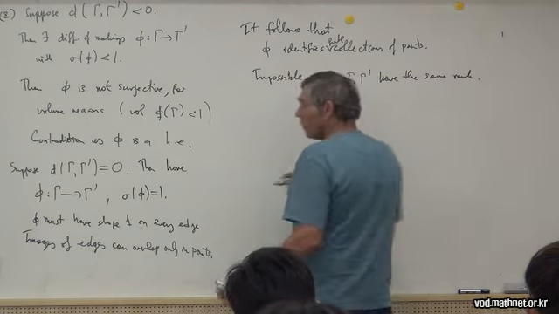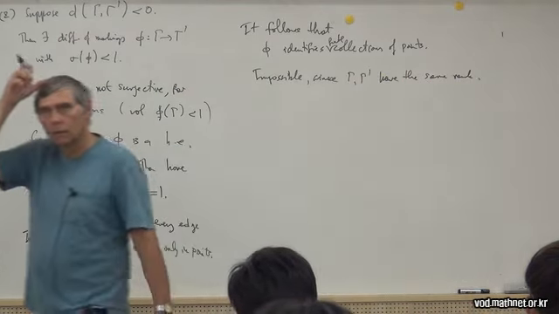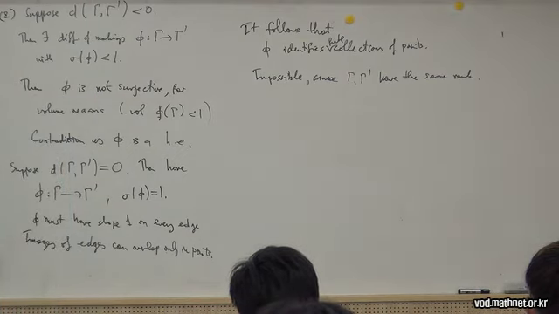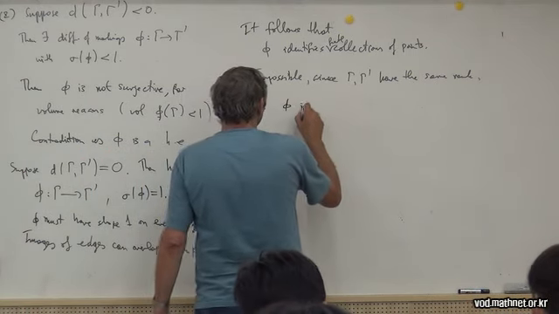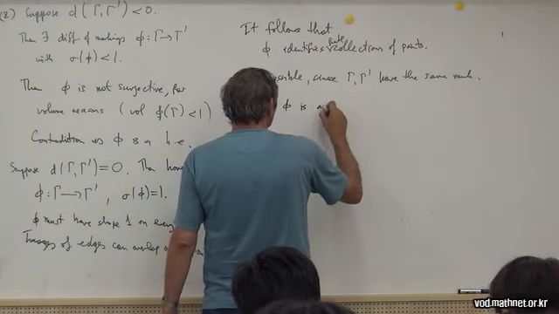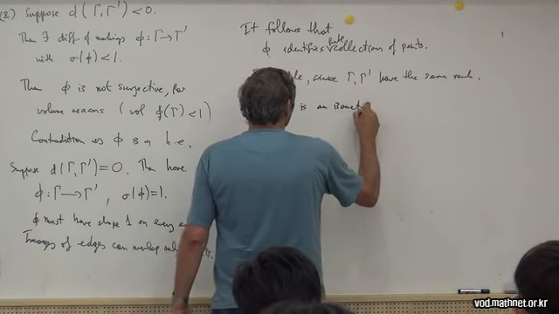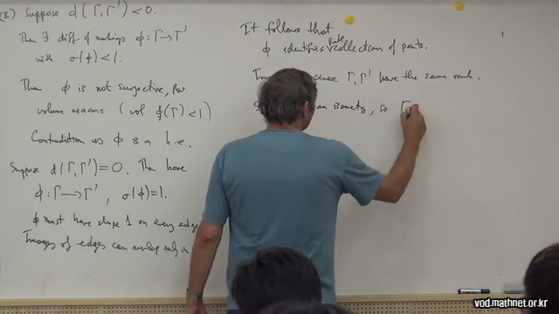Right? If you identify a pair of points, the rank will increase. So in fact, phi is an isometry. So phi is an isometry. There are no identifications of points. And so that means that gamma is equal to gamma prime.